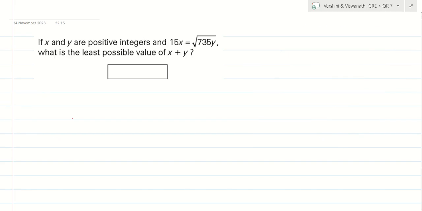Okay, let's go ahead with this. If x and y are positive integers, and 15x equals root 735y, what is the least possible value of x plus y?